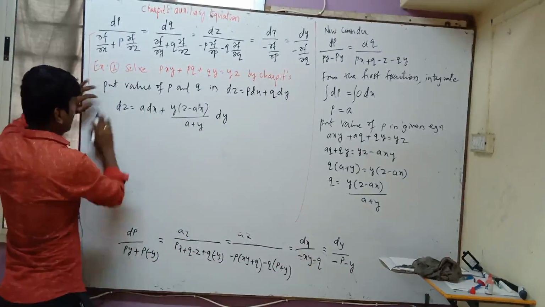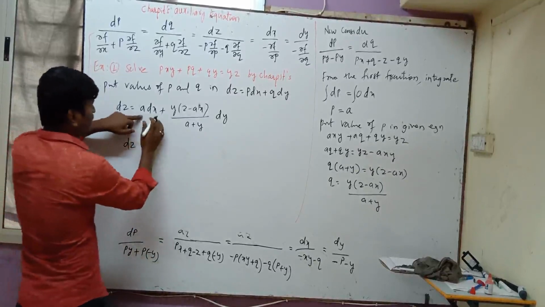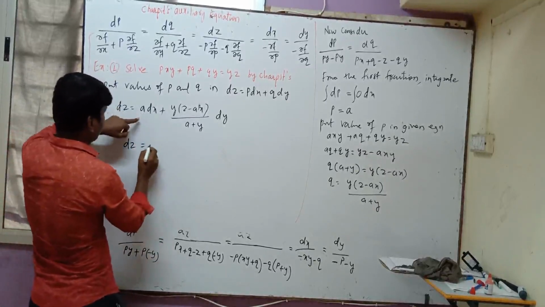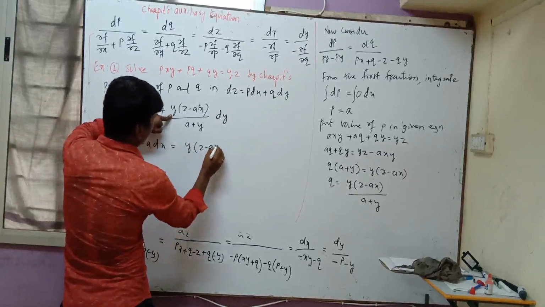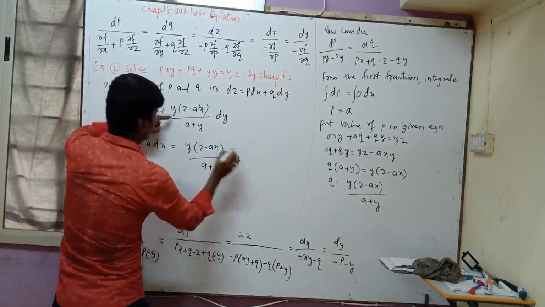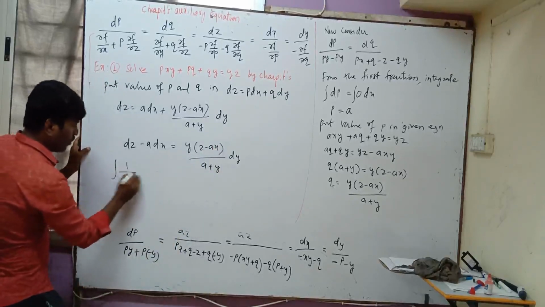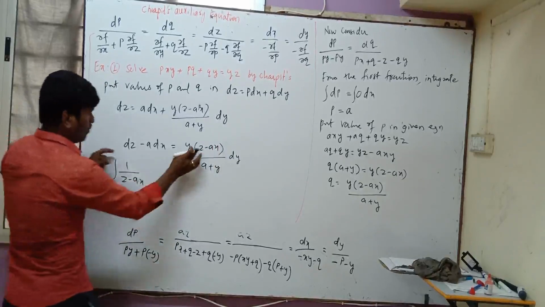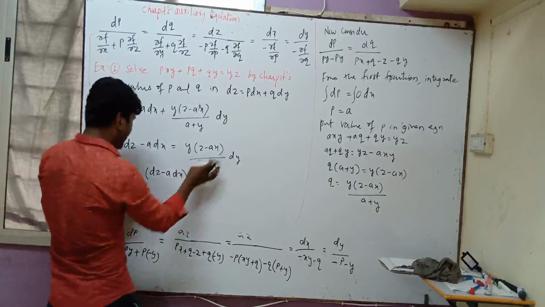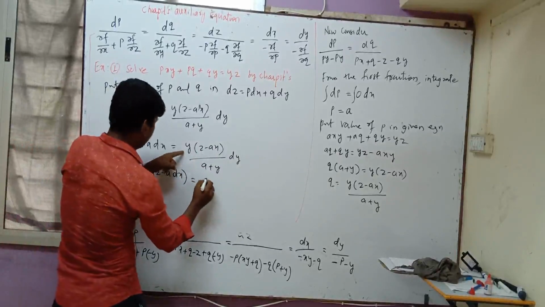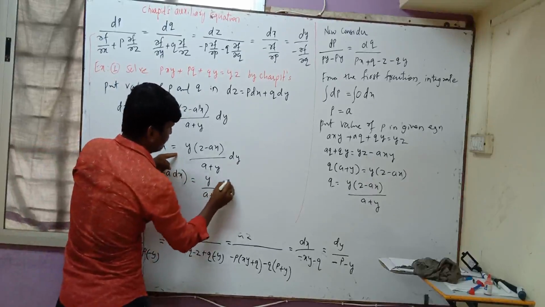Now I take z - ax to this side, so I get 1/(z - ax) times (dz - a dx), and what remains is y/(a + y) dy.